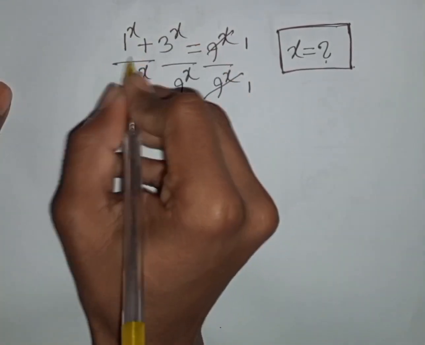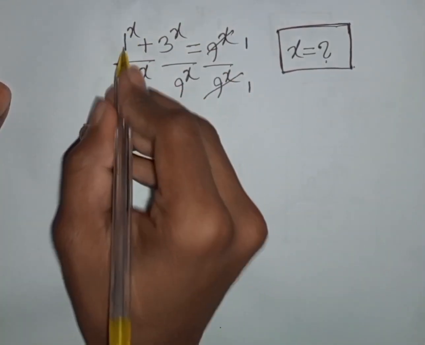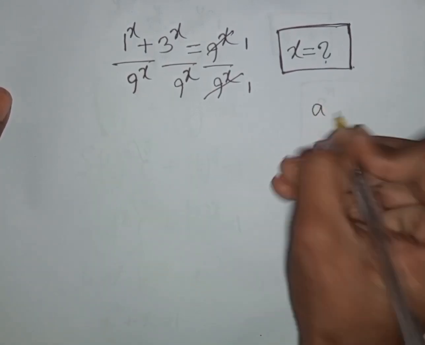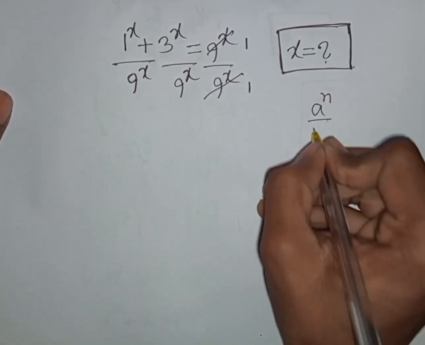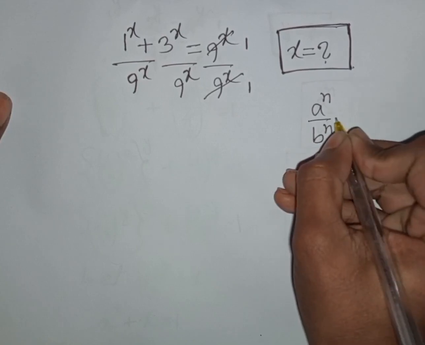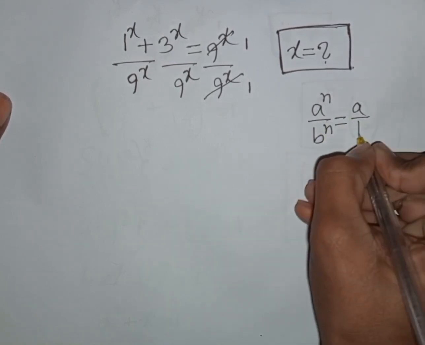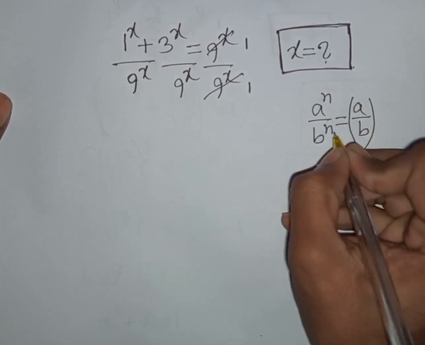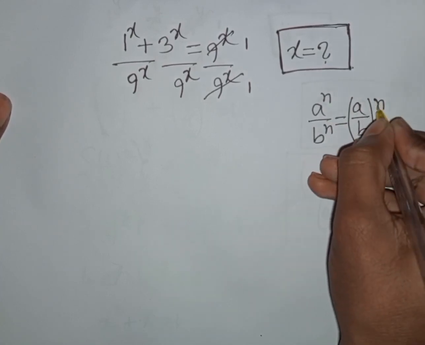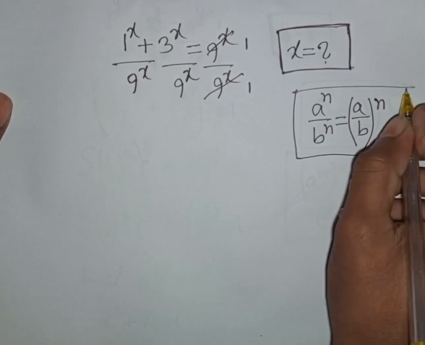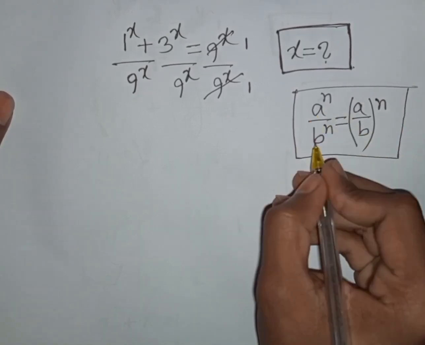Now from here we see x is the same power but different base. So according to this formula, a^n over b^n is equal to (a/b)^n, with common power n. That means n is the same power but different base.